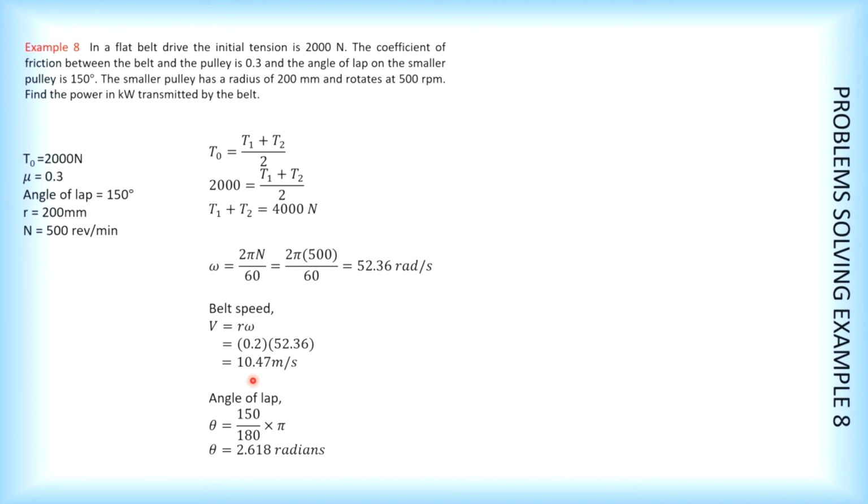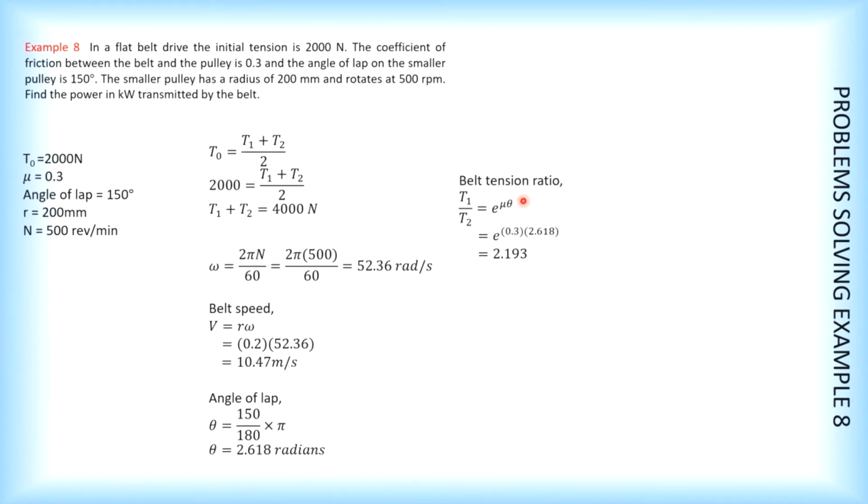Therefore, you can find the belt speed of 10.47 meter per second. In this question, you don't have to consider Tc, even though it's slightly greater than 10. The angle of lap is 150 times pi over 180, so it's 2.618 radians.